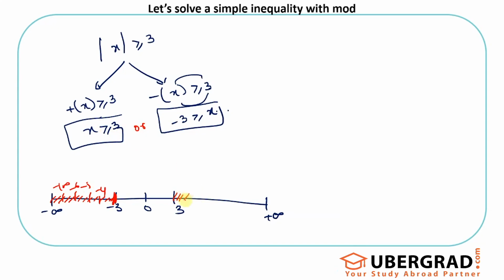That means x can be more than 3 as well. So any value from 3 to infinity and any value from minus infinity to minus 3 is acceptable for me.